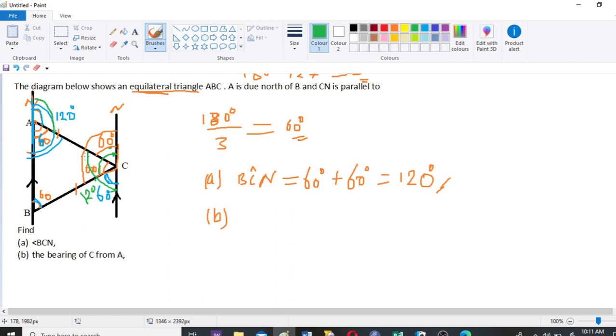So that makes sense now. So the bearing of C from A is nothing but 120 degrees.